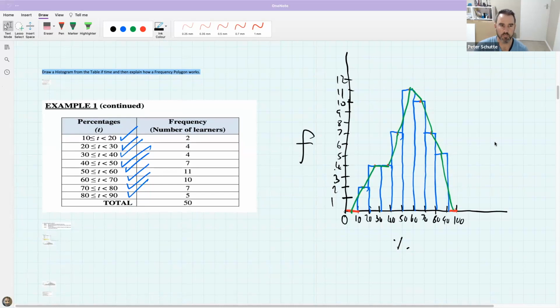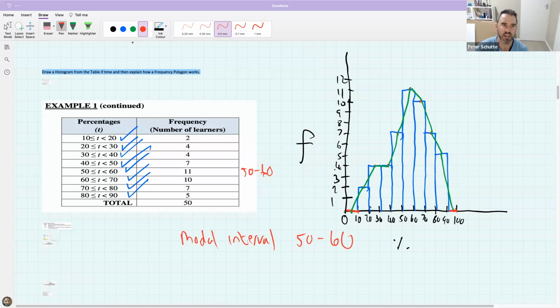So the modal interval has to be 50 to 60 because it has the highest value. So we've got the modal interval. It is 50 to 60.